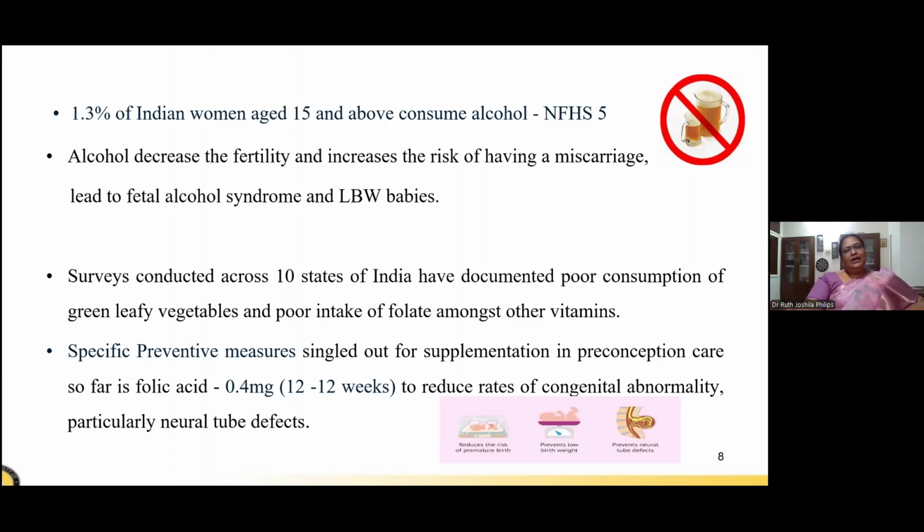So that is where we go in for supplementation. So 0.4 mg or 400 mcg of folic acid is advised for women from 12 weeks before they plan to conceive until 12 weeks into the pregnancy. This has been shown to reduce the rates of congenital abnormalities, particularly neural tube defects in newborns.